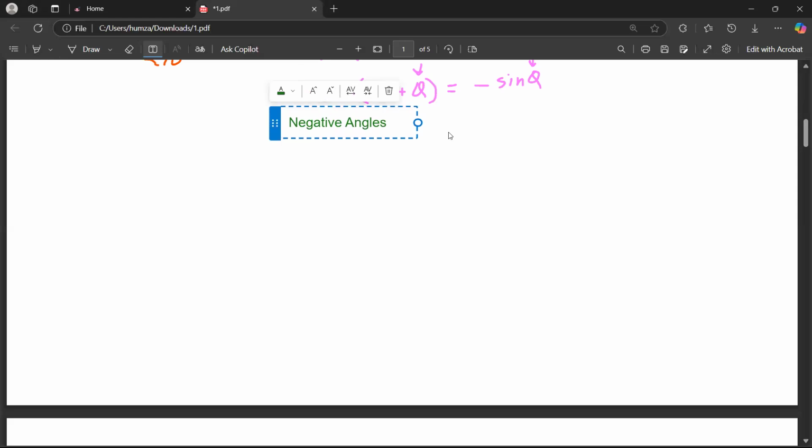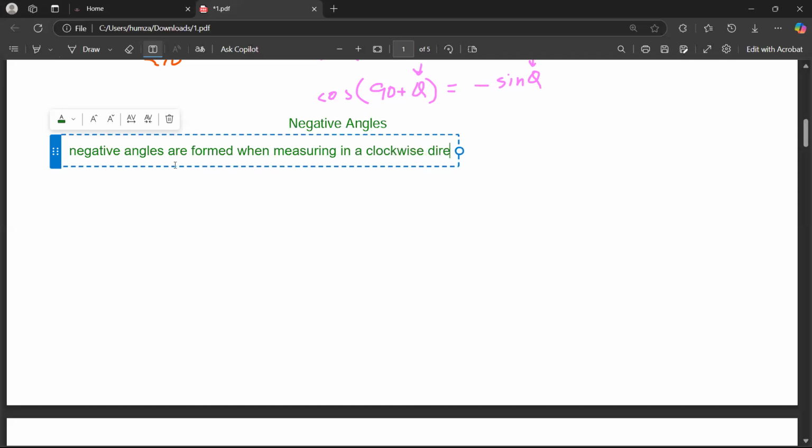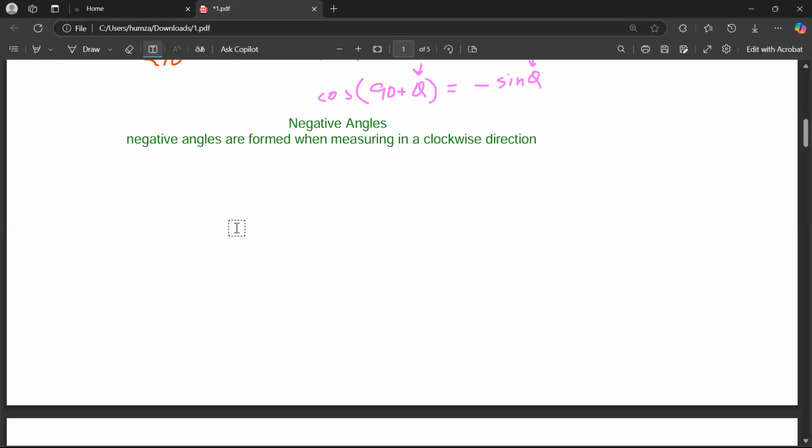Now we are looking at negative angles. Negative angles are formed when we are measuring in a clockwise direction.